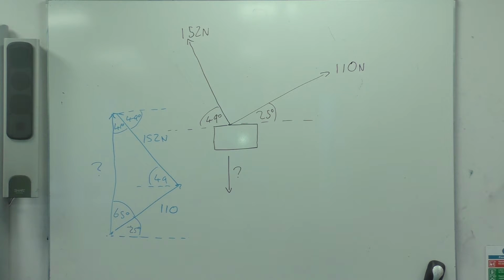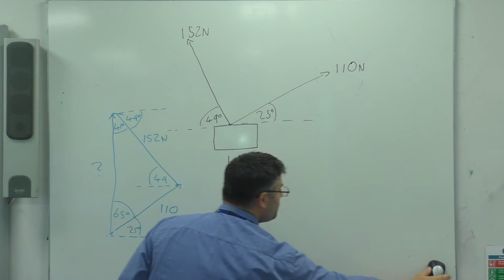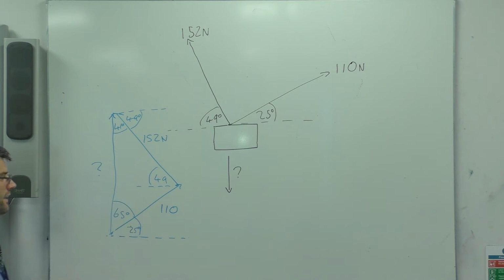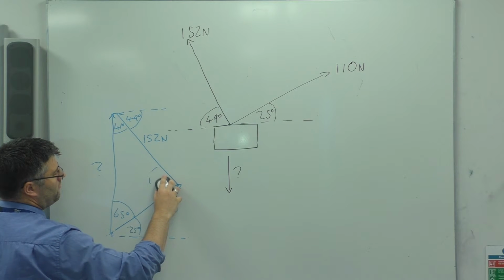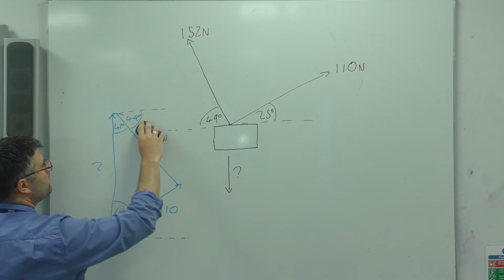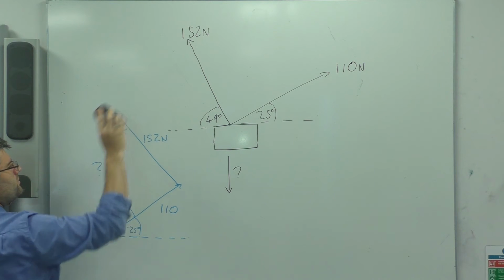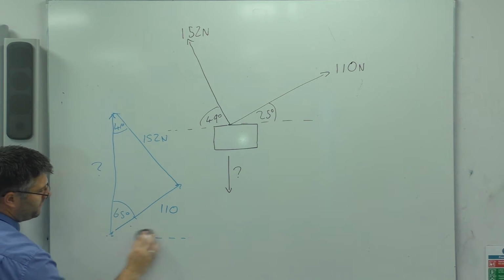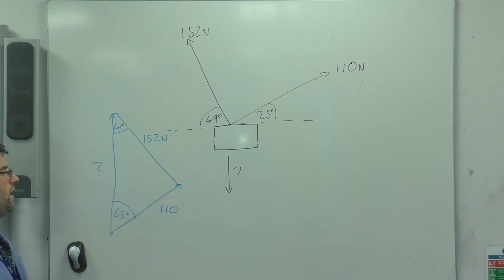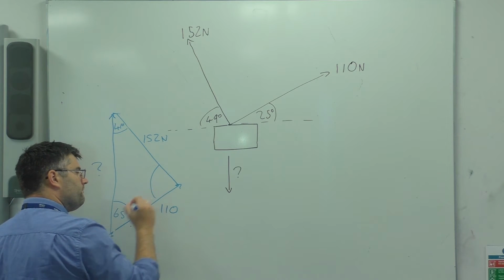So let's have a look where we go from here. We've got two angles within the triangle, and I can work out this one.